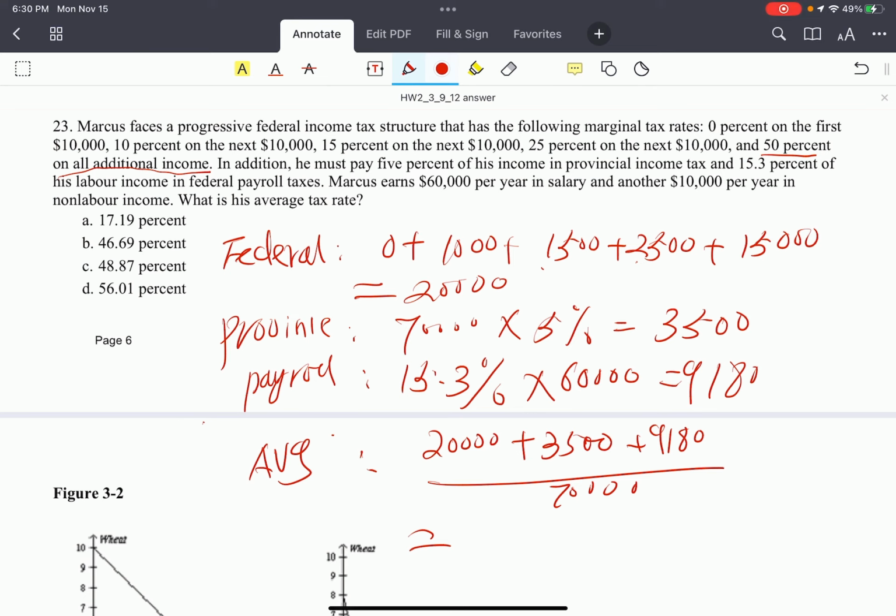So let's see what our answer is. So we get an answer of something like this. And you can see that we should choose B here.